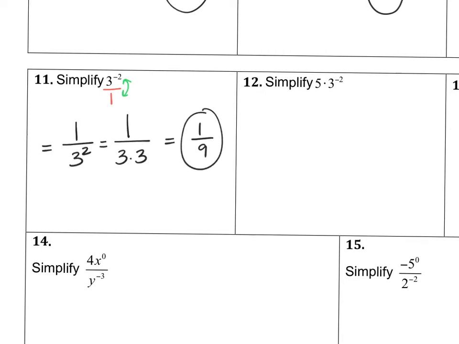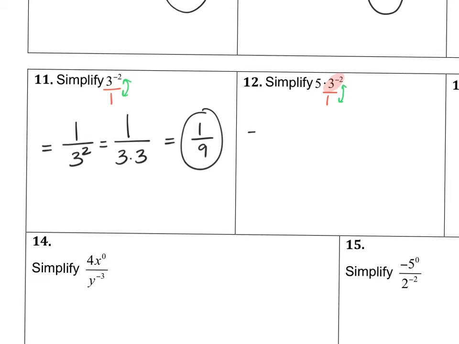All right, number 12. That negative 2 only belongs to the 3. 5 is on its own. So I've got that 3 to the negative second being over 1. In order to deal with this, I take the reciprocal and I change the sign of the negative exponent.